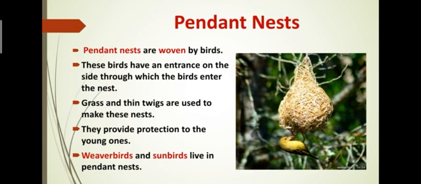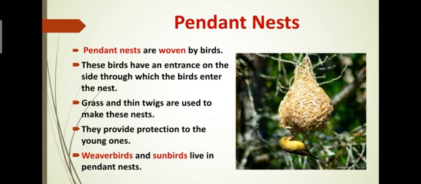The next one is pendant nest. In the picture, you are able to see this type of nest is like a pendant. This nest is woven by weaver birds and sunbirds. The meaning of woven is to make something by twisting flowers or pieces of wood together.